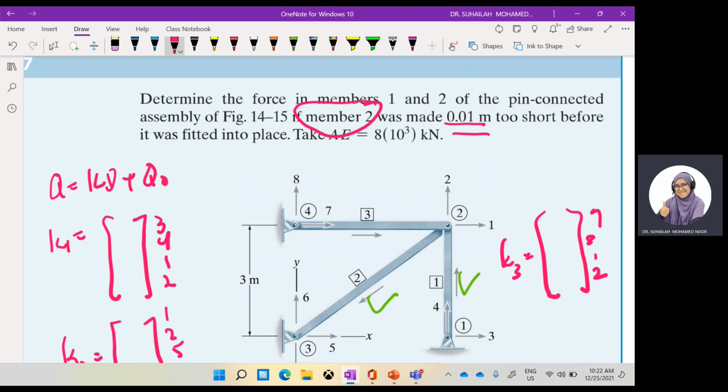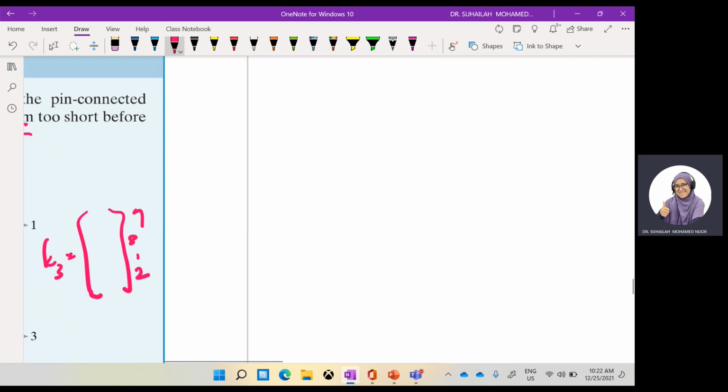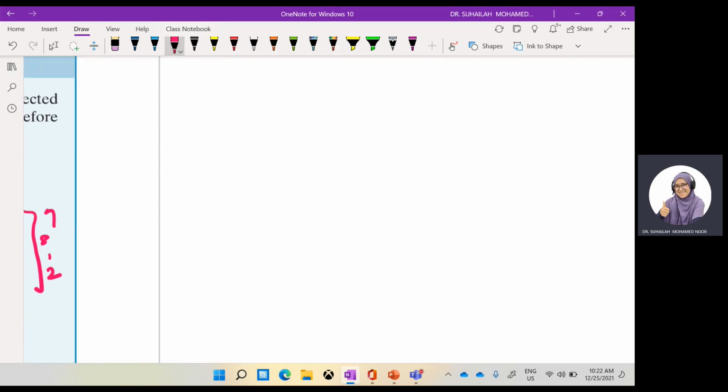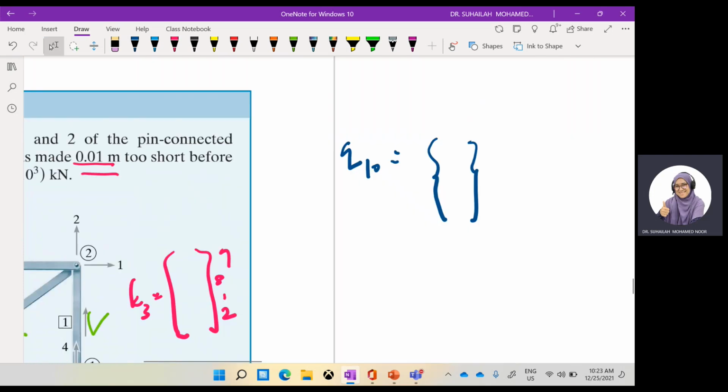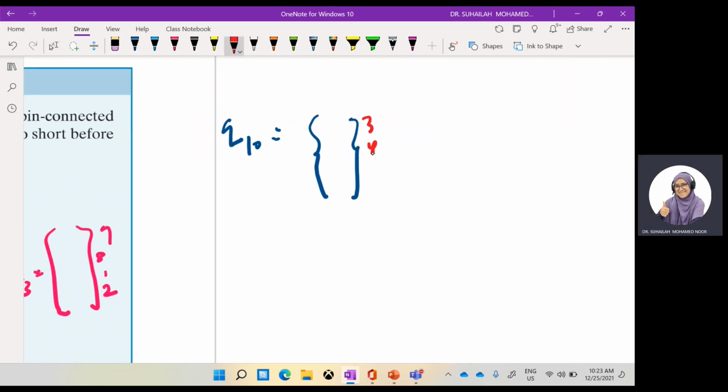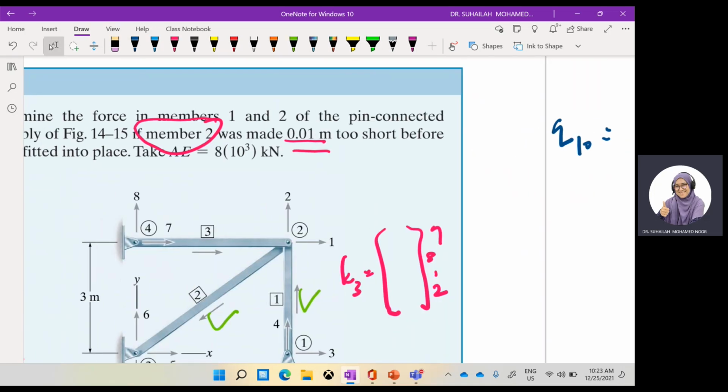So what we need to do is like this. We will get Q1 naught for element number 1, and the label for K1 is 3412, where all values are equal to 0 because the effect is only for member number 2.